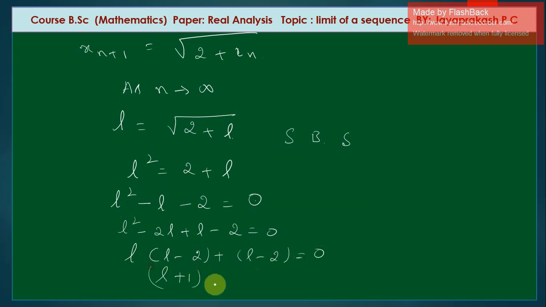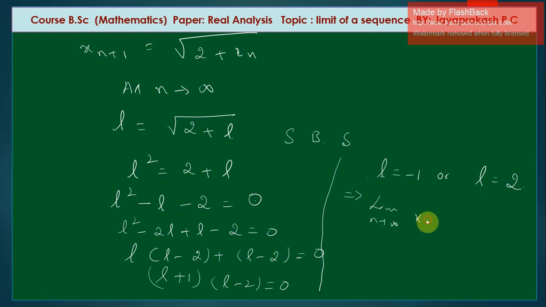That is, L plus 1 into L minus 2 is equal to 0. That is, L is equal to minus 1 or L is equal to 2. Therefore, the limit as n tends to infinity of xn is equal to 2. The limit of the sequence is 2.